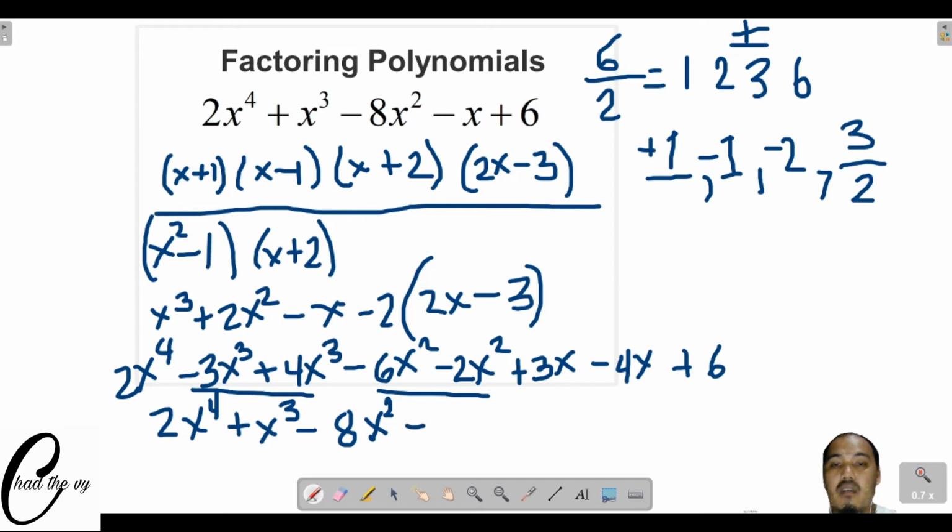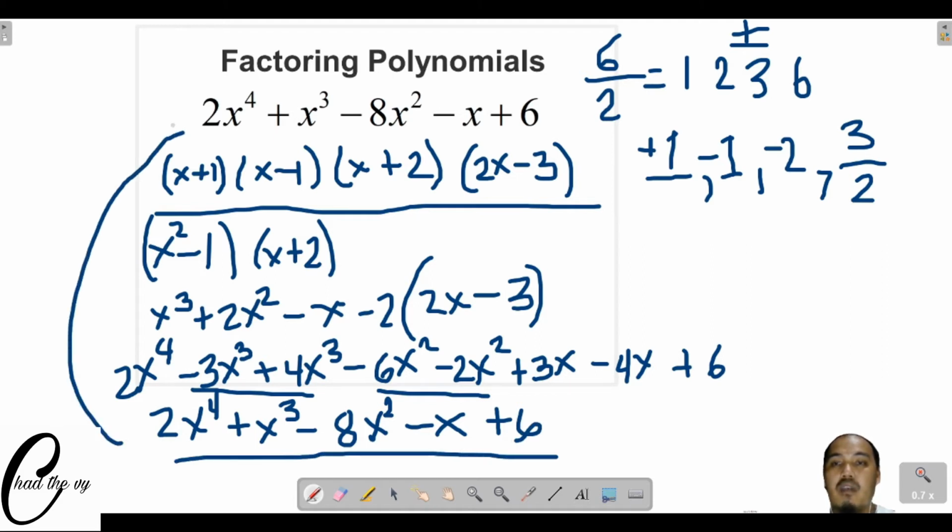And then subtract, so negative x. Copy 6. Yan. So, ibig sabihin, pareho tayo. So, sa given natin dito, it means, ito yung factor talaga natin. So, yun. Next, uli pa tayong isang example na kung saan 5 terms and ang degree ay 4.